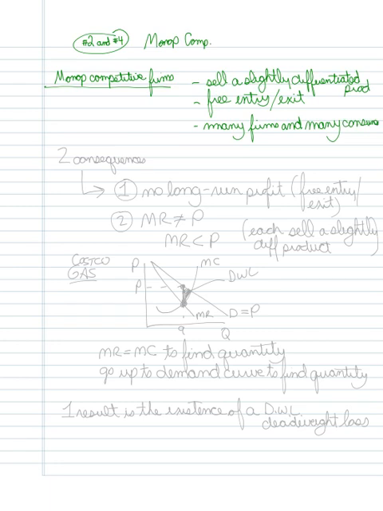So these aspects have two significant consequences. The first is that there'll be no long-run profit. This is because of free entry and exit, which we will show why that exists.